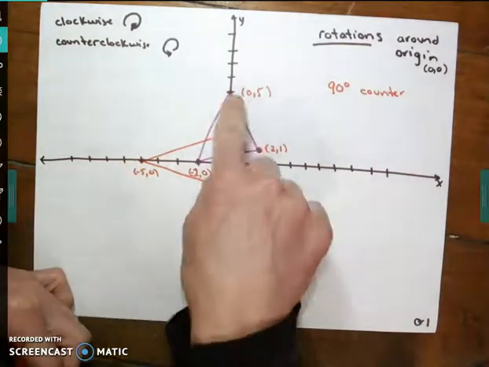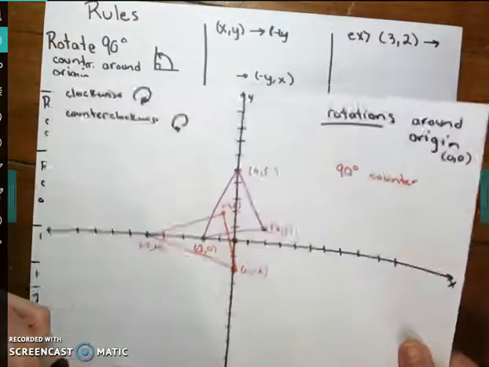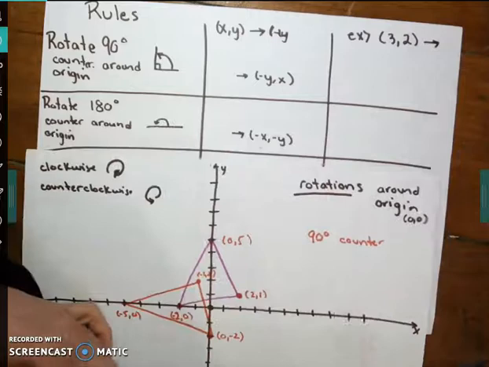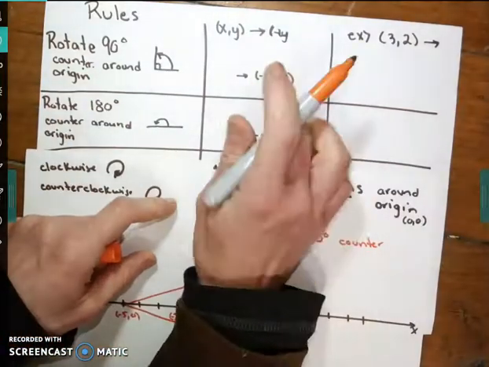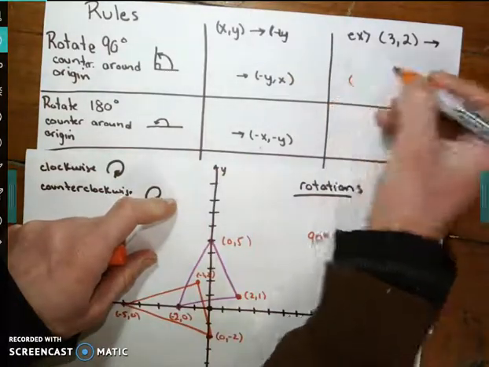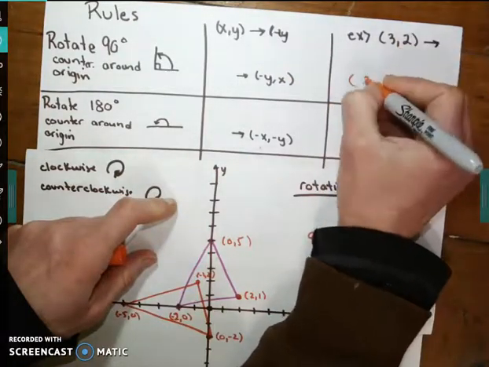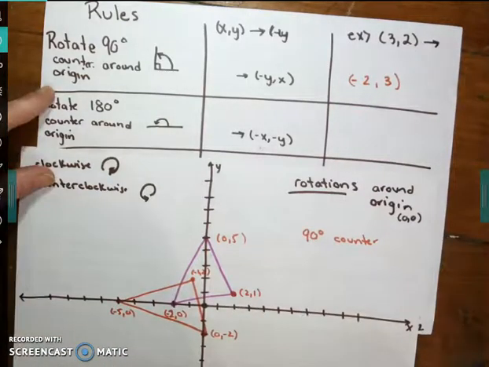And 0, -5 became -5, 0. So if we're doing our rules to go 90 degrees counterclockwise around the origin, we switch the order and switch the sign of the first one. So this one, first I'd switch the order, 2, 3, but then put a negative in front.